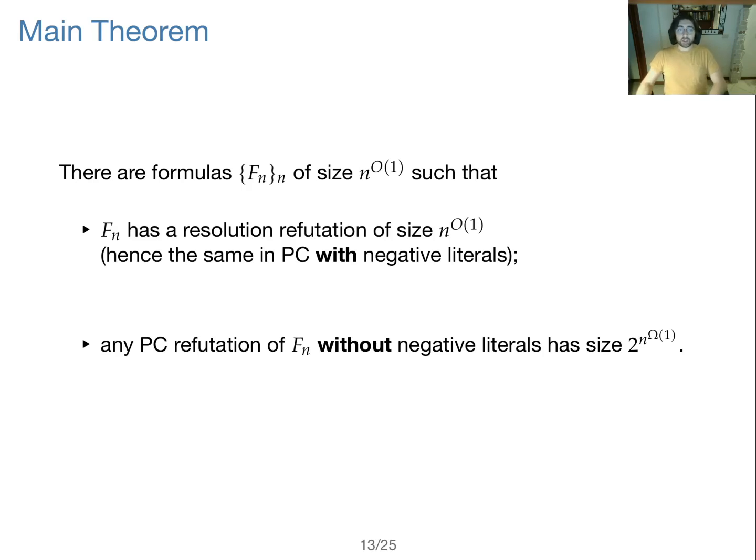The main theorem in this work is that there are formulas that have resolution refutations of polynomial size, and therefore polynomial calculus refutations of polynomial size when using the variables for negative literals. But if we want to refute the same formula without using the variables for negative literals, the formulas require exponential size refutations. So there is a huge theoretical advantage of using these negative literals.